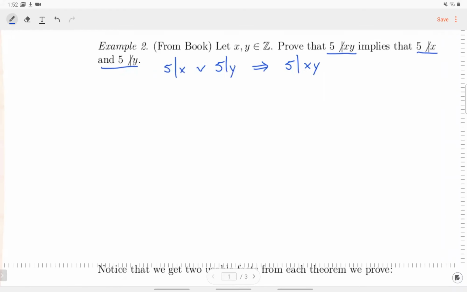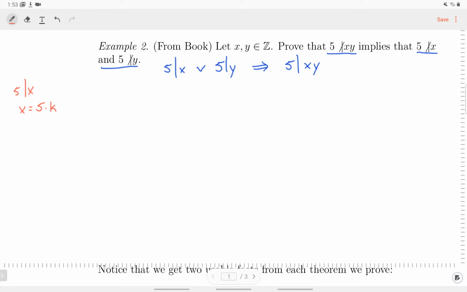All right, so we can do a little bit of scratch work. You may be able to do this one without scratch work, but let's do it. If 5 divides x, that means x is 5 times some integer k. And I want 5 to divide xy.